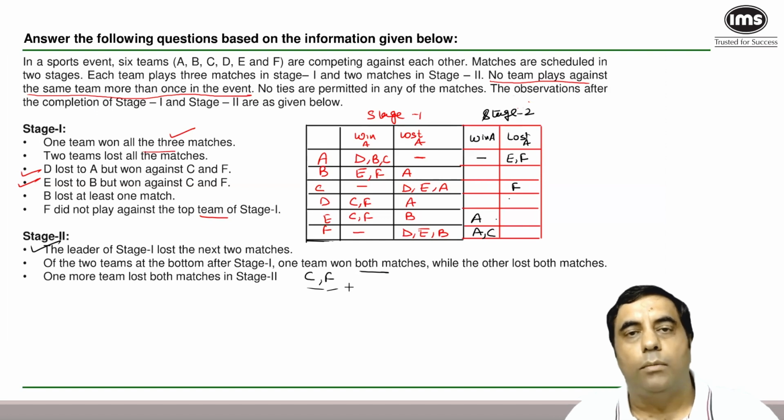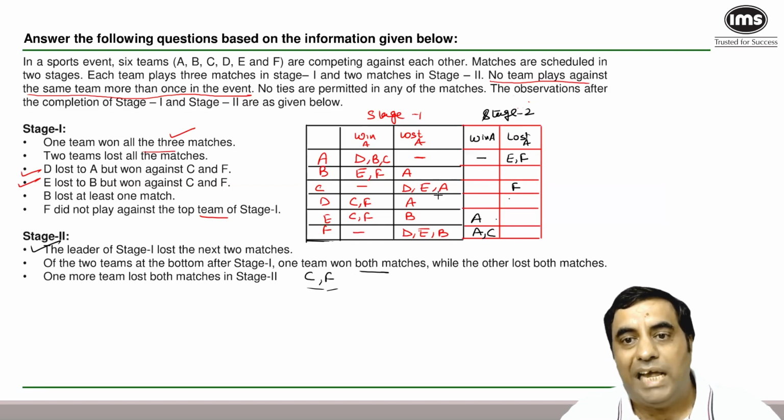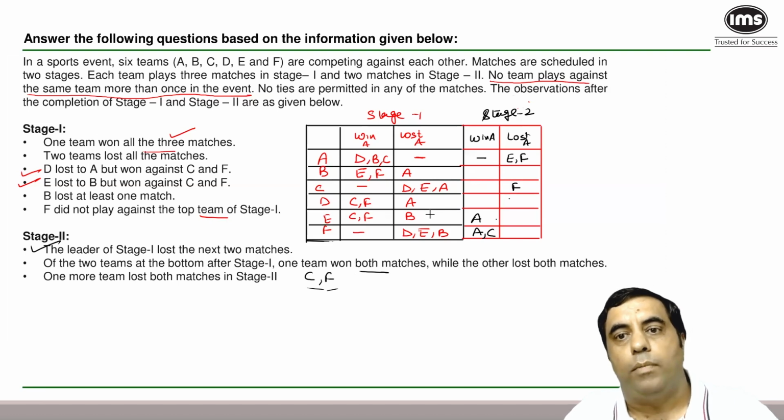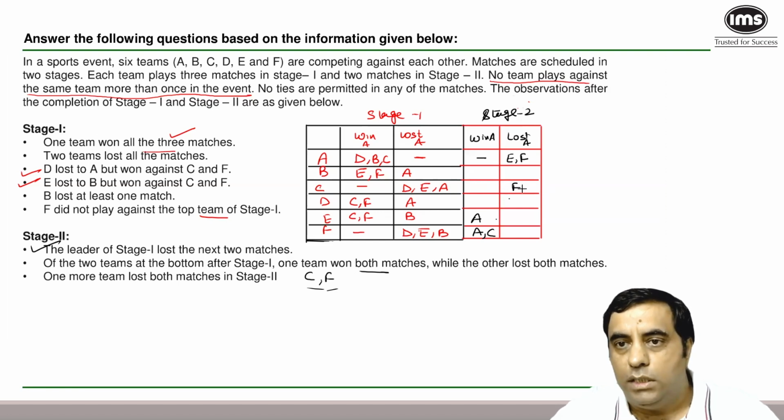Now I know that of the bottom 2 teams, C and F, F has won. So the other team, C, has lost both the matches. C already played against A, E, D in round 1. So now C will play against 2 teams, one is B and the other is F, and has to lose both. Therefore, C lost to B as well.